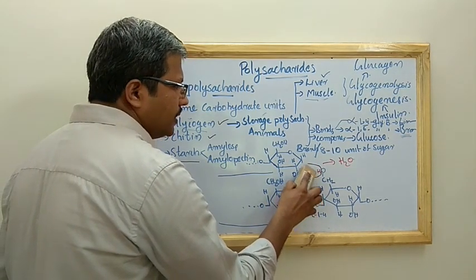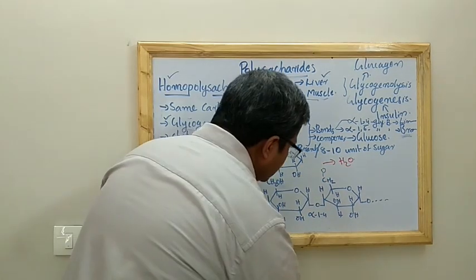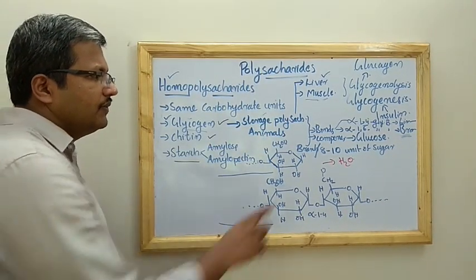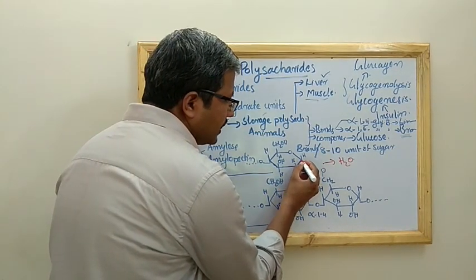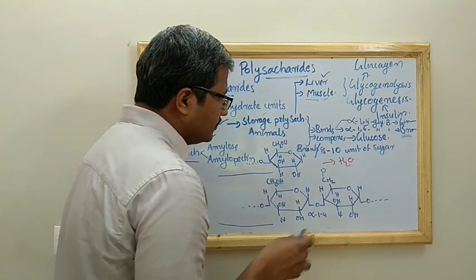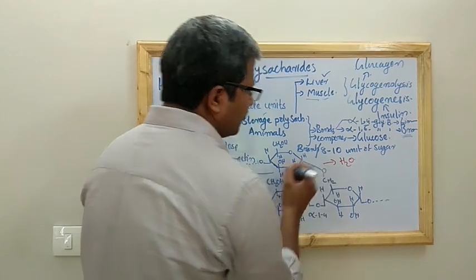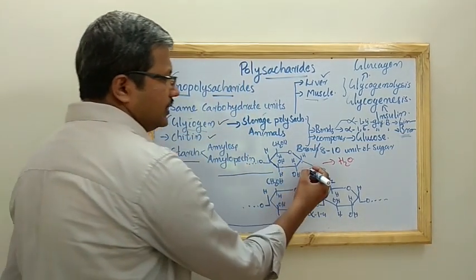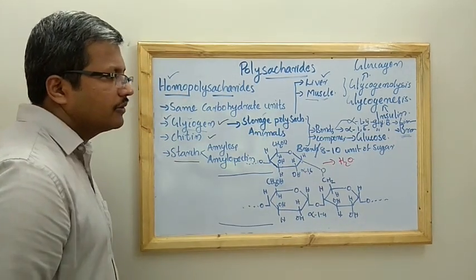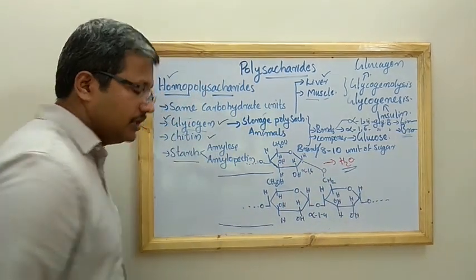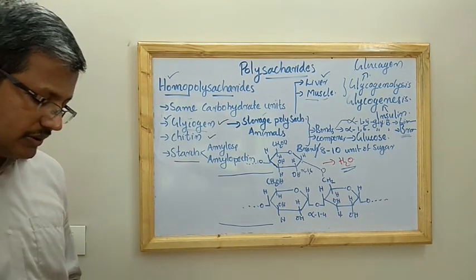So there will be a formation of a link between the oxygen of CH2OH and the first carbon. So as a result, the bond will be looking like this. So there is a bond. This is actually the alpha 1,6 linkage, which is formed as a result of the release of water. So that is what is actually meant by the alpha 1,6 linkage.